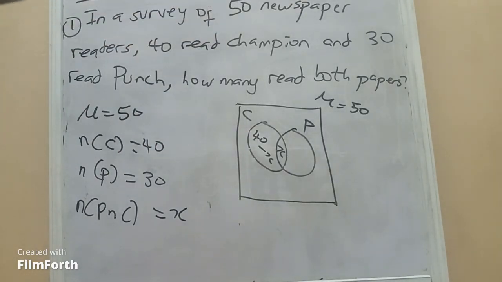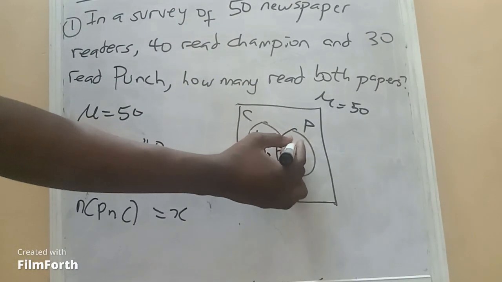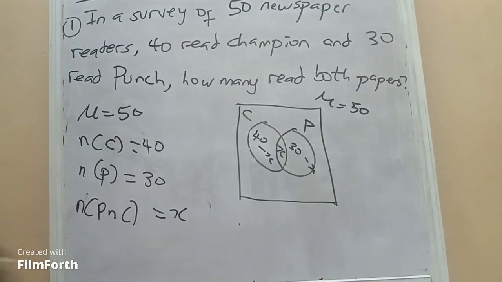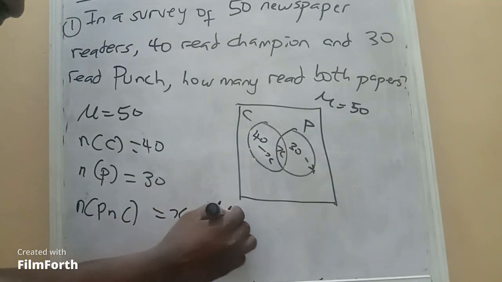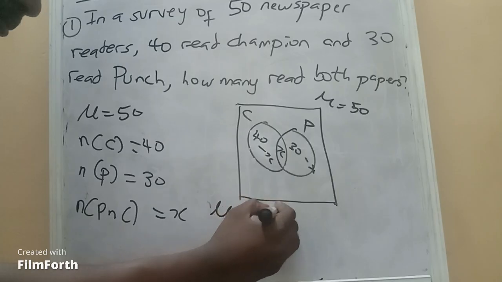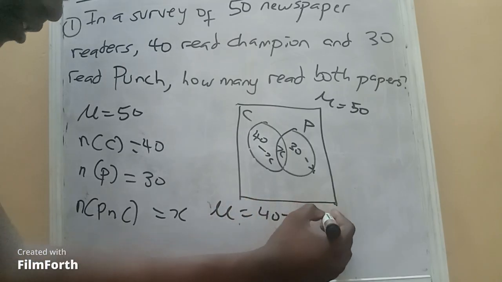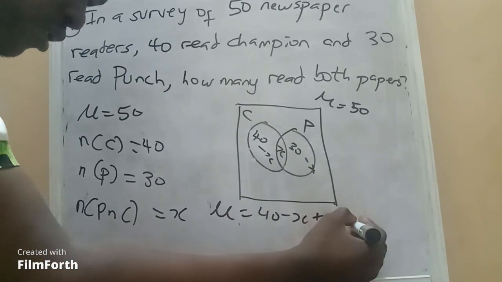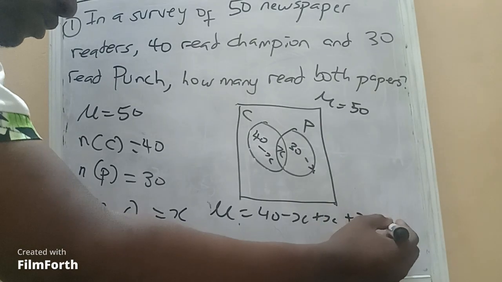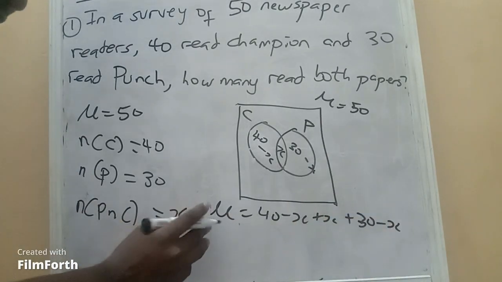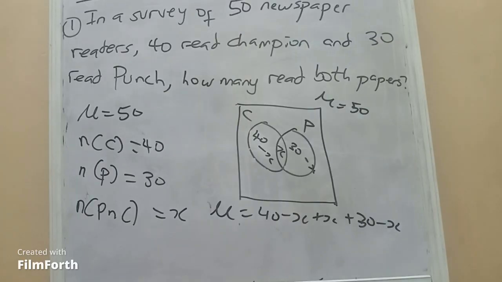The same thing applies to Punch newspaper. That will be 30 minus X, which at the end of the day, you will have the number in the set to be what? 40 minus X, plus the X, that's the intersection, plus 30 minus X. And don't forget, what do we call our universal set?